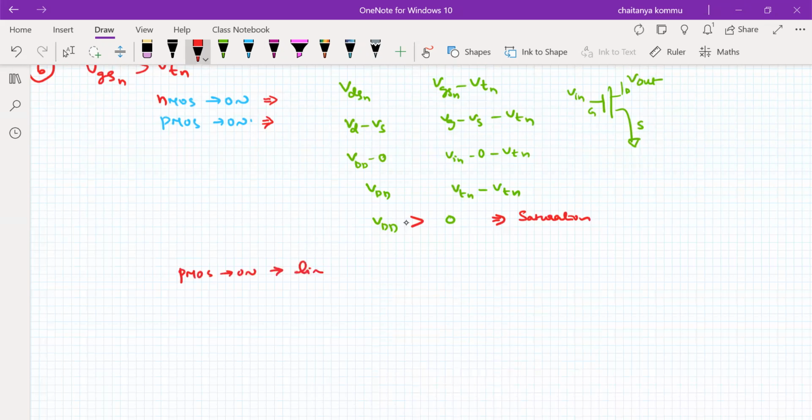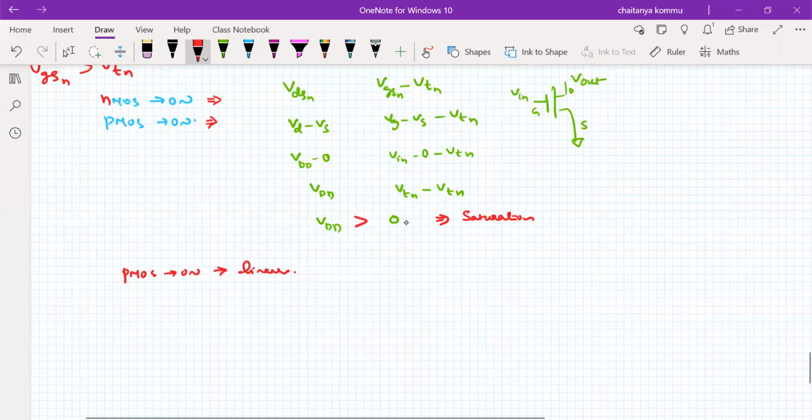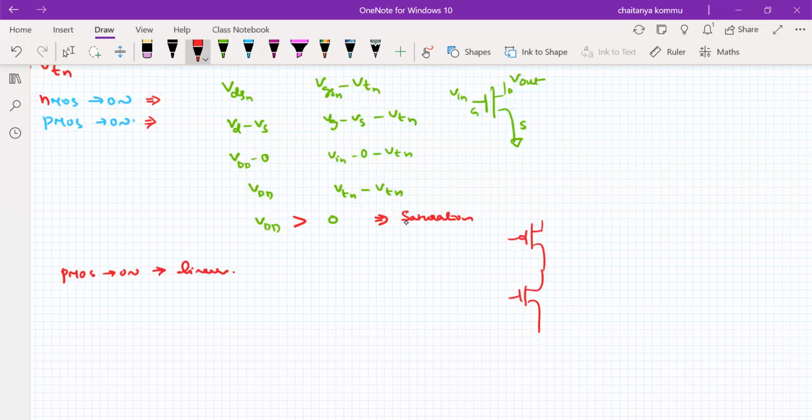The important point is that one is in saturation and the other is in linear. Here the PMOS transistor and NMOS transistor are between VDD and ground.